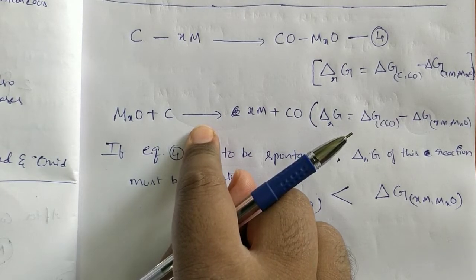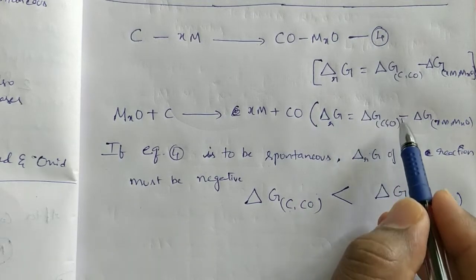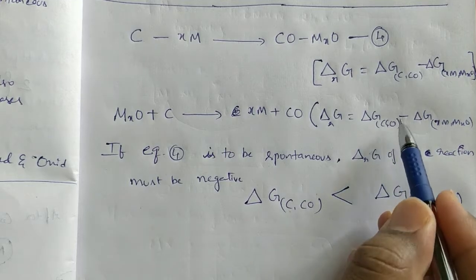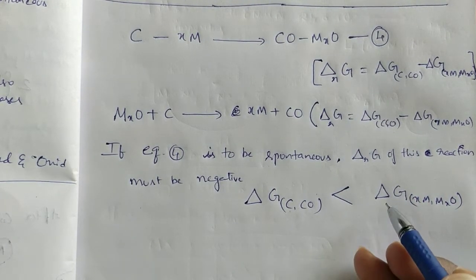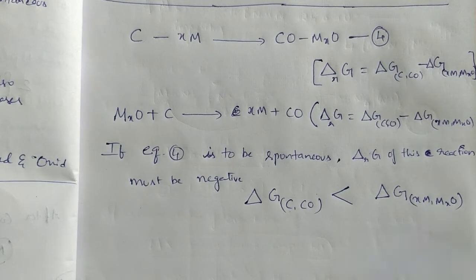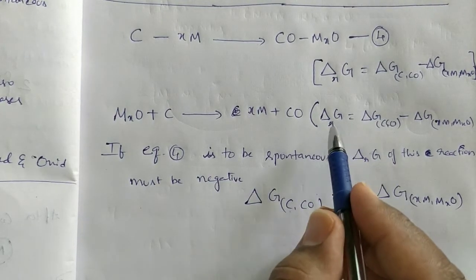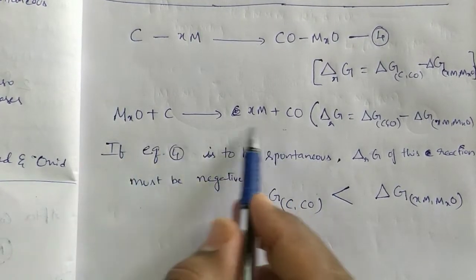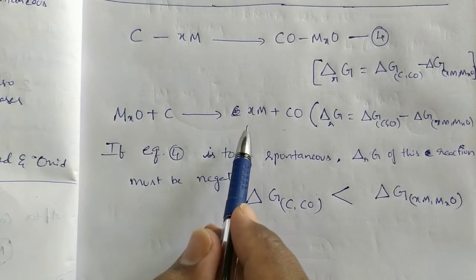Is it right? Then what is the meaning of this? Every time, C comma CO, that means the reducing agent, delta G of the reducing agent must be less than delta G of the metallic oxide. If this happens, delta G is negative. If equation 4 is to be spontaneous, that means this reaction must be spontaneous. Then only metallic oxide can be converted to metal.